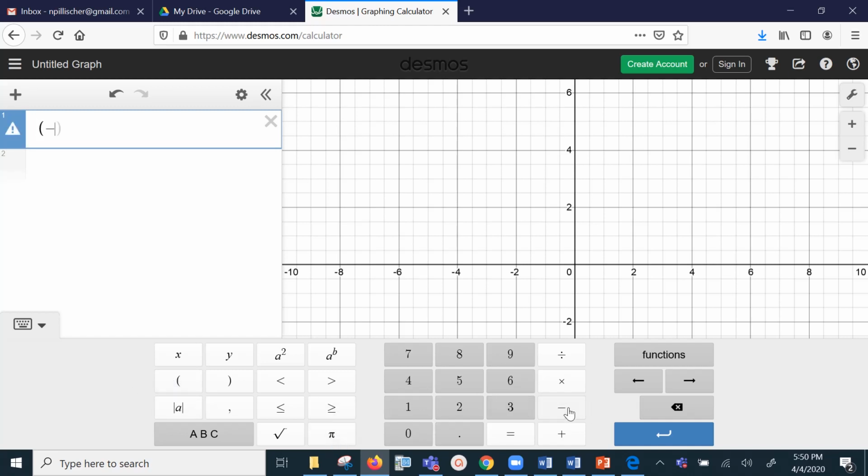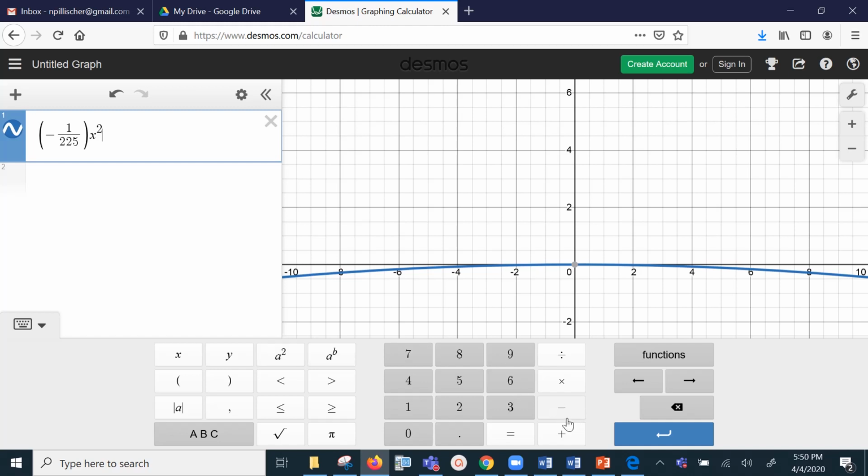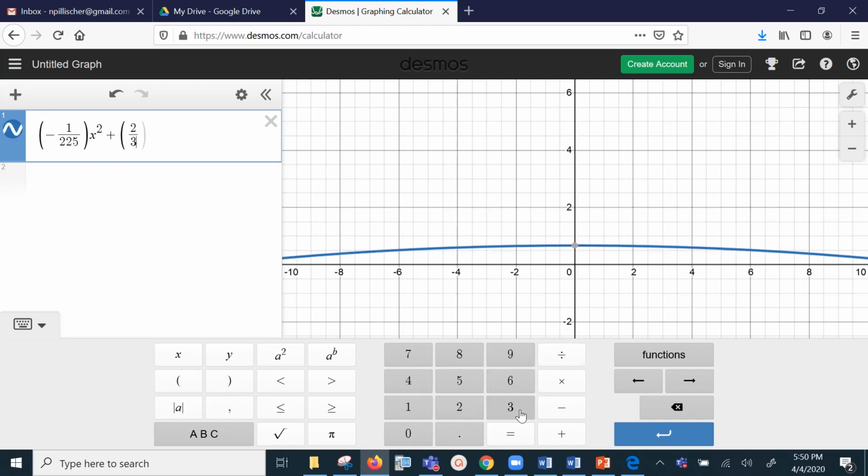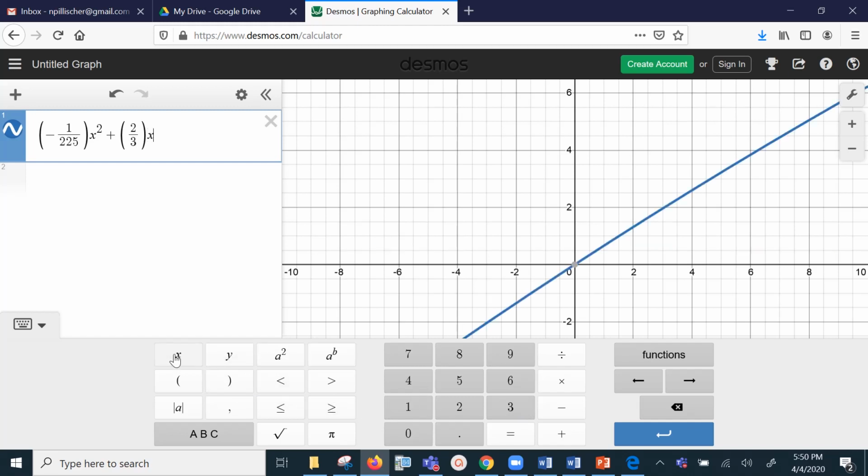So negative, 1 over 250, close the parenthesis, arrow over, close the parentheses, x squared, plus, parentheses 2 divided by 3, close the parentheses, x.